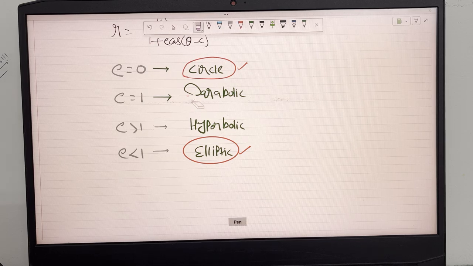But we are not going into this. We are only sticking to the parabolic, circular and elliptic. So whatever we derive in the future, the velocity, the escape velocity, we are going to derive for the elliptic as well as the circular.